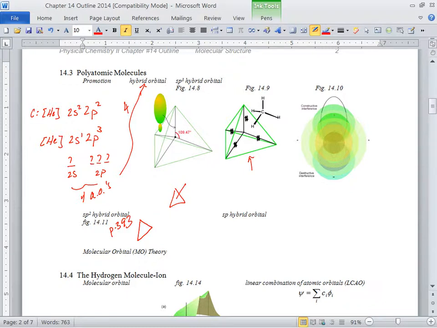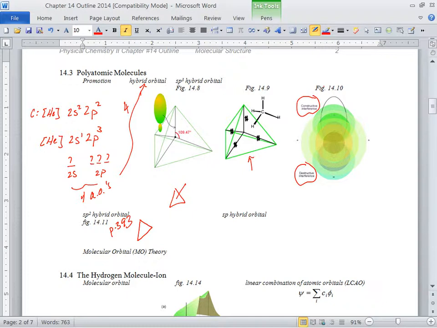Okay. I think this is kind of interesting, because I think this is important. Constructive interference and destructive interference. What are they talking about? What's supposed to be in these orbitals? Electrons, right?